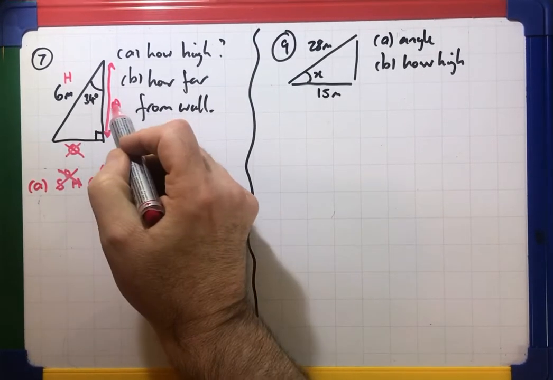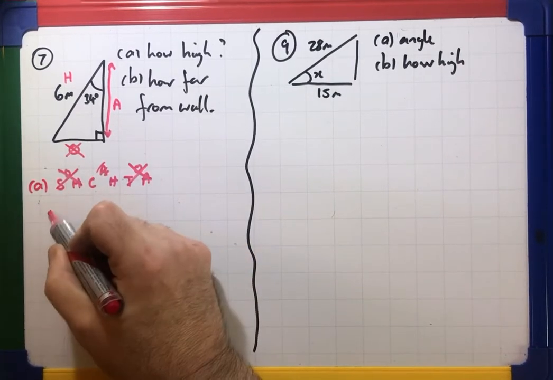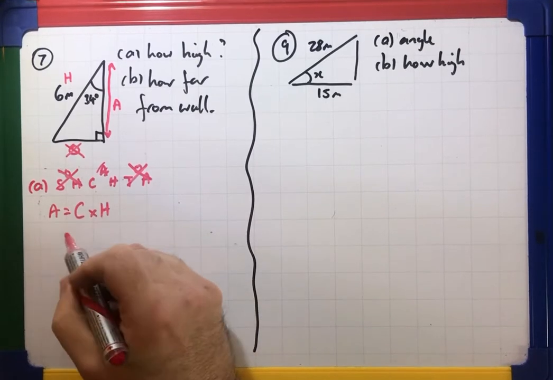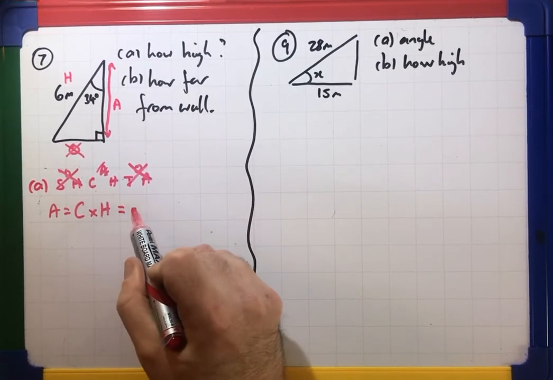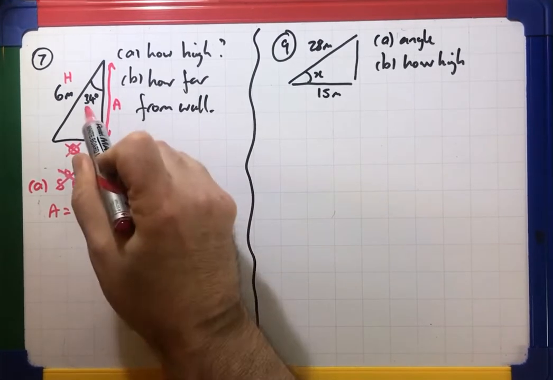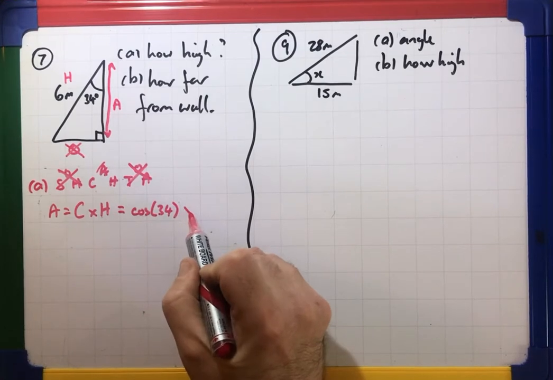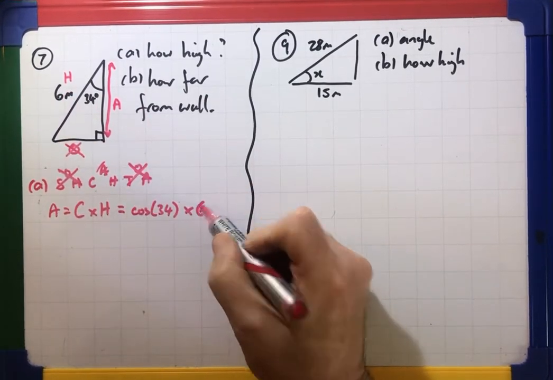We're basically wanting to find the adjacent, so we cover up the adjacent. So the adjacent is C times H, so it's cos, always of an angle, so in this case 34 degrees, times the hypotenuse, which is 6.